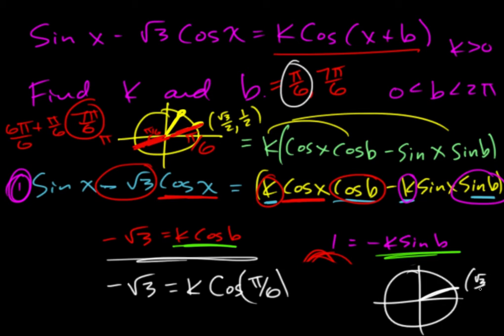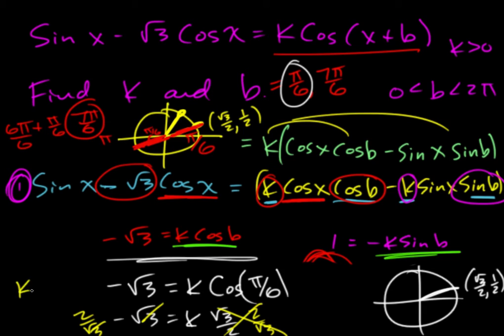That's square root of 3 halves, 1/2. This is the x value, and so we get k times square root of 3 halves. If we multiply by 2 over square root of 3, these cancel, we're left with k. Square root of 3 cancels square root of 3, and so k equals negative 2. Right here in the beginning, it said k had to be greater than 0, so we're going to reject that as well as reject this.